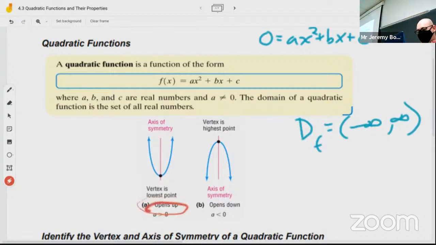They can either open up, which is like it's going to collect water, or it opens down, which is like you're pouring the water out. Now, the way to determine if it opens up or down is pretty simple. If you get it into that form, ax squared plus bx plus c, if a is positive, it's going to open up. If a is negative, it's going to open down.